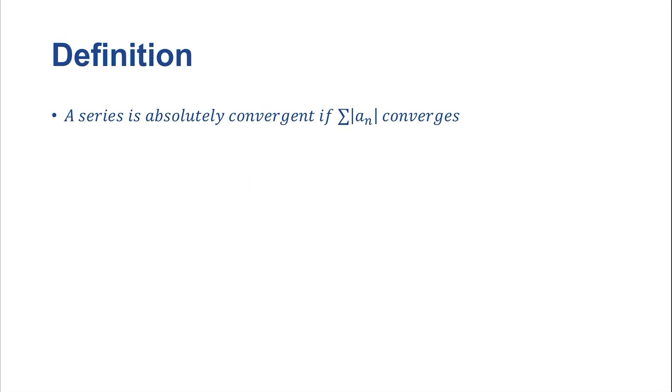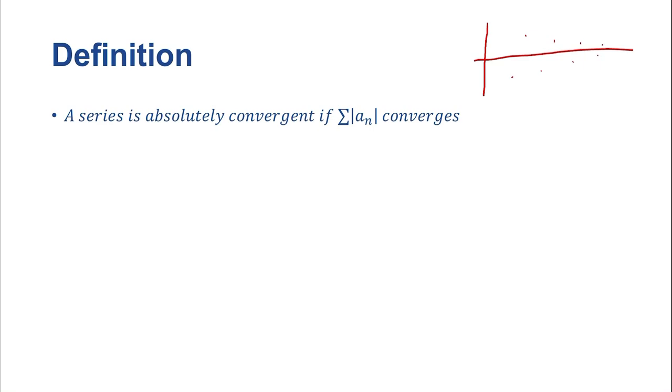So a series is absolutely convergent if the sum of all of our terms, when we take the absolute value of them, converges. So this means that if I have some alternating series, this is where the absolute convergence really comes in handy.